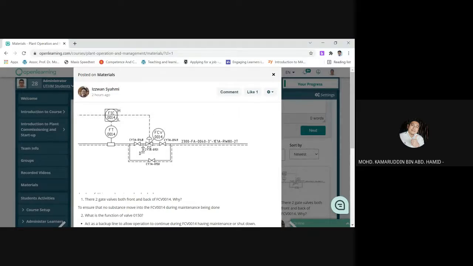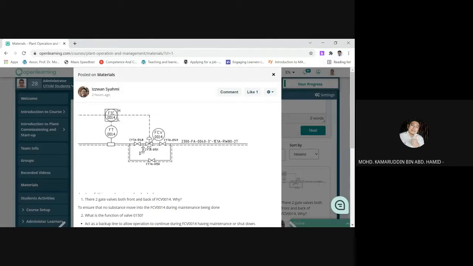What is the full name of this word, HAZOP? Siapa tahu? You have taken the safety, health, environment course, if I'm not mistaken.